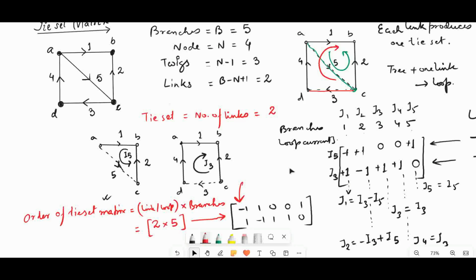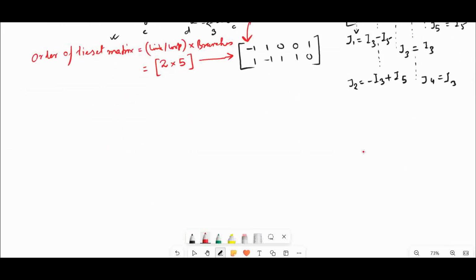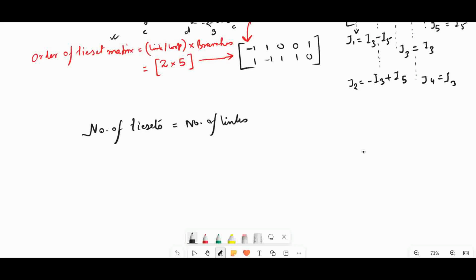So now let us see a few definitions. As we have already discussed, the number of Tiesets is equal to the number of links, or also we can call it the number of loops, which is given by b minus n plus 1, right?